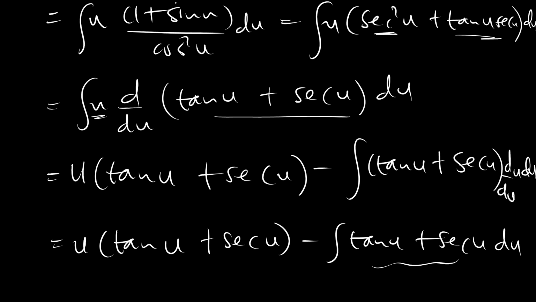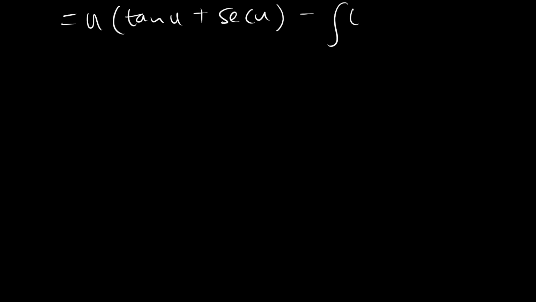Okay, so we came to this point where we have u times (tangent of u plus secant of u) minus the integral of tangent of u plus secant of u.